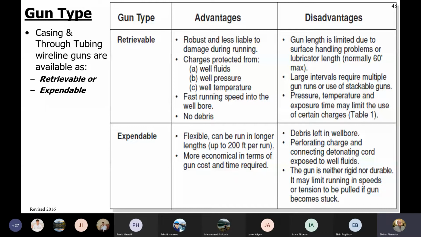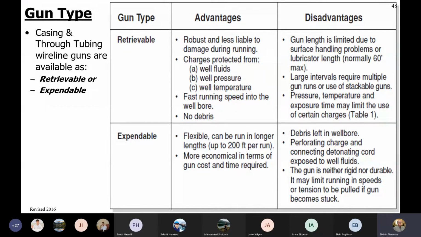Okay. Disadvantages of this retrievable type, as you can see: the gun length is limited because of surface handling problems or lubricator length, and large intervals require multiple gun rounds or use of stackable guns.